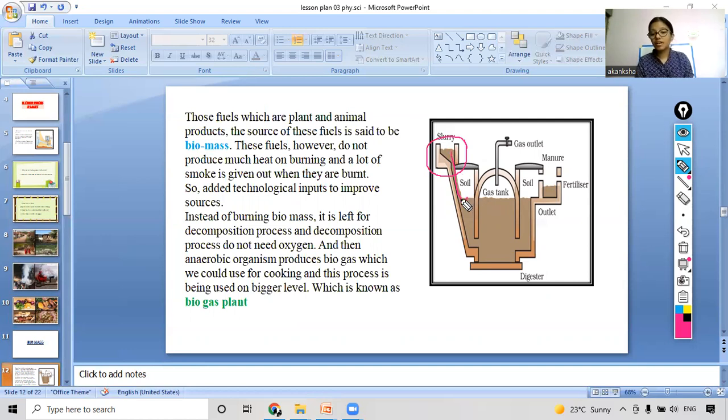Here, as you can see, the digester is not fully filled, but it is 3/4 filled. Some space is left so that gas can form. And as you can see, this is the gas tank. Some gas can be formed and released and collected through the gas outlet.